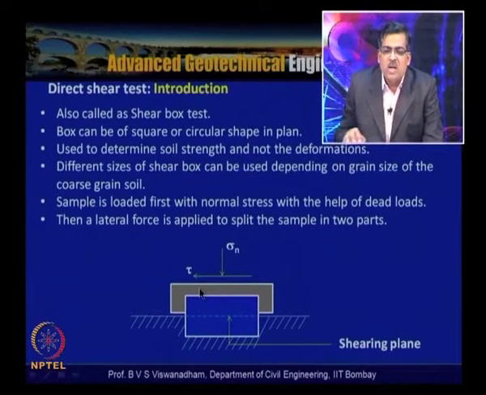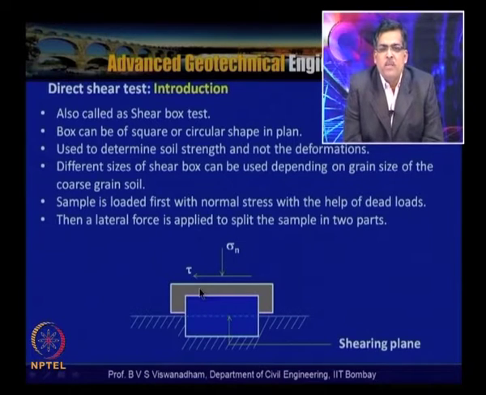So with that we can determine the interface parameters, and when we determine the interface parameters, it is called a modified direct shear test. With that we get c_a, the adhesion, in case you are having a cohesive soil, and then the interface friction angle.